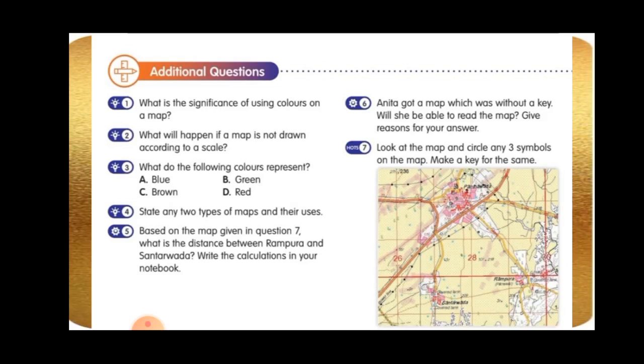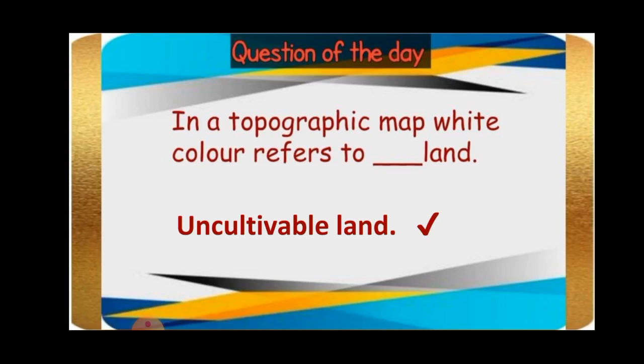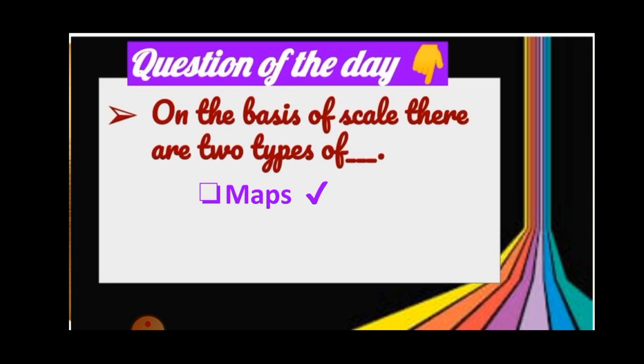Okay? Now let's discuss questions of the day. As in the first section, I had given the question on a topographic map. White color refers to which land? Uncultivable land. Then in section 2, the question of the day was on the basis of scale. There are 2 types of maps. The correct answer is maps.